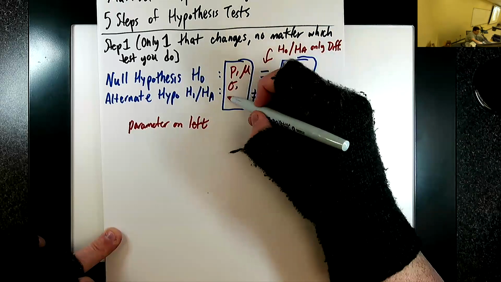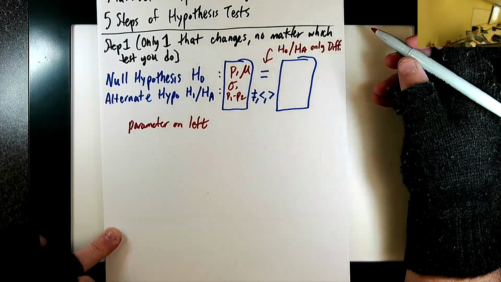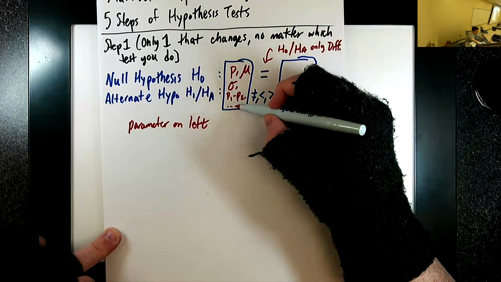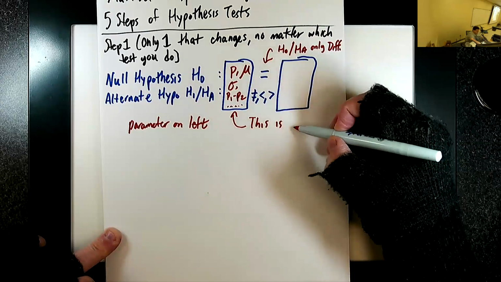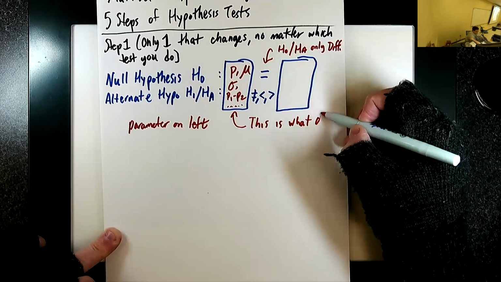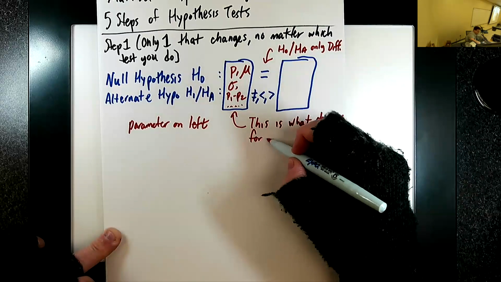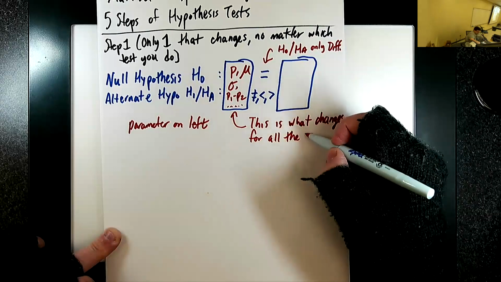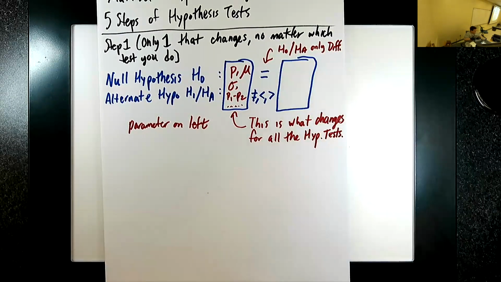We could be looking at something like P1 minus P2 when there's more than one group. There's different things that go in over here. This is what changes for all the hypothesis tests. It's the only thing that changes. Everything else stays the same.